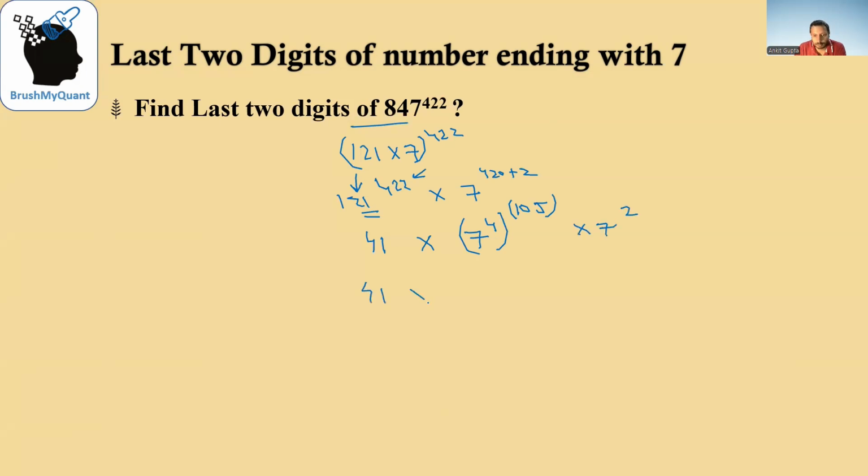So 41 multiplied by 7 raised to 4, the last two digits will be equal to 01 raised to 105 multiplied by 49. So this becomes 41 multiplied by 1, and the tens digit will be 0 multiplied by 5, which is 0, multiplied by 49. So 41 multiplied by 49, the last two digits will be equal to 09.